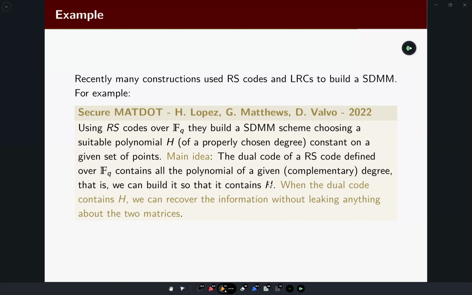So it's possible to recover information by using an equation given by the dual code. And of course, if we have an equation, let's say AB plus CD equals 0, we can recover AB by knowing CD, and we still don't provide any information about AB.